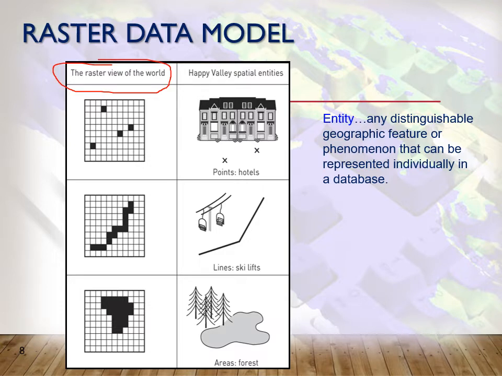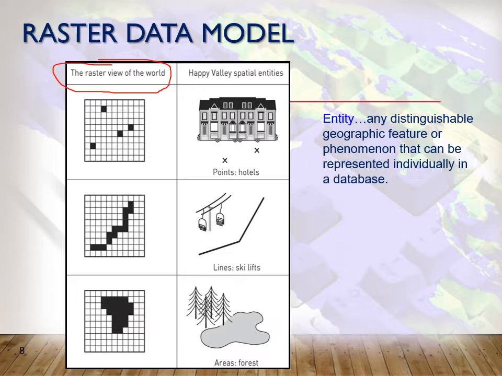Now, an entity, which I've described down here on the right, is basically any geographic feature that is going to be modeled in GIS. You can think of a model as an abstract, or simplified, representation of an actual feature on the Earth's surface.